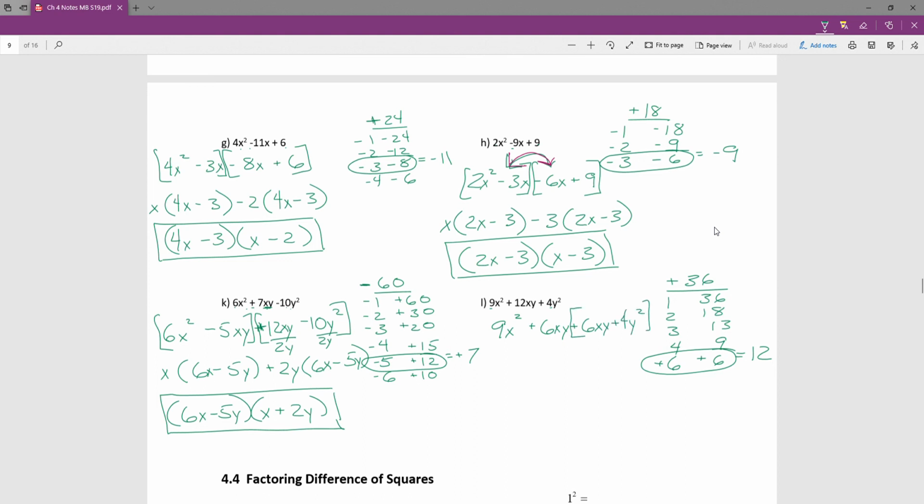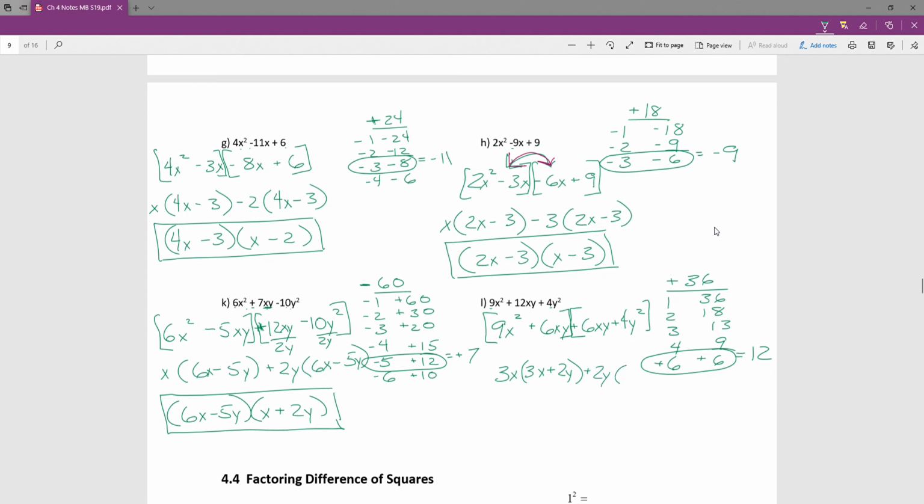Once I have 4 terms, I can factor by grouping. Getting a bit squishy in here. I've got, what have I got? I've got a 3x common to the first 2 terms, and factoring that out would leave me with a 3x plus 2y. And then when I take a look at the second 2 terms, I have a plus 2y common to those 2.